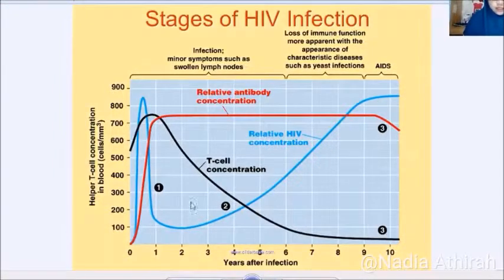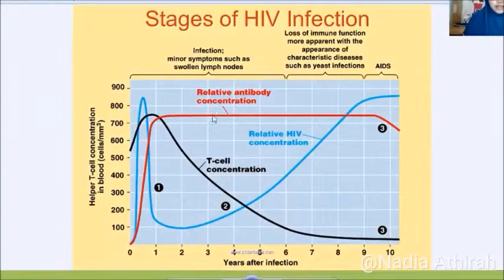During the AIDS stage, the CD4 concentration is less than 200 cells per cubic millimeter. This shows the HIV concentration and the antibody concentration. During the AIDS stage, the HIV concentration is higher than the antibody concentration.